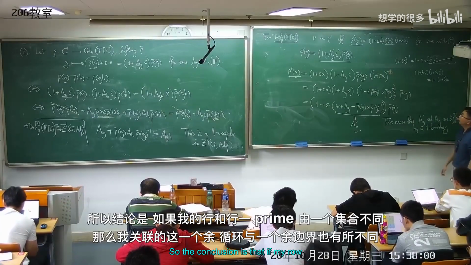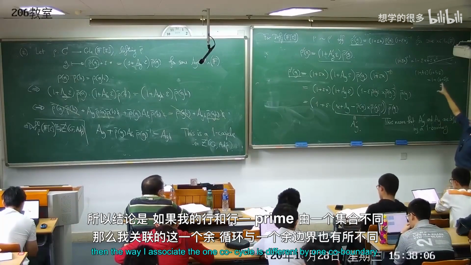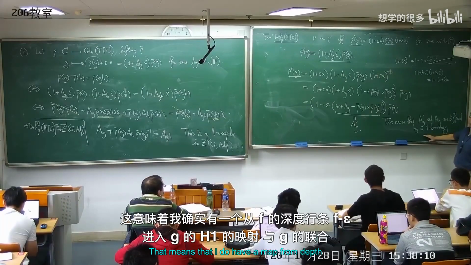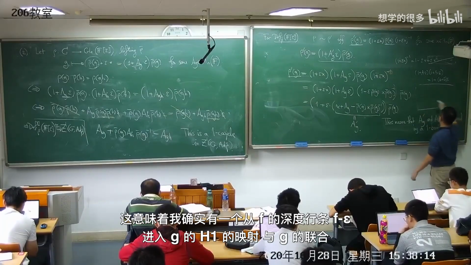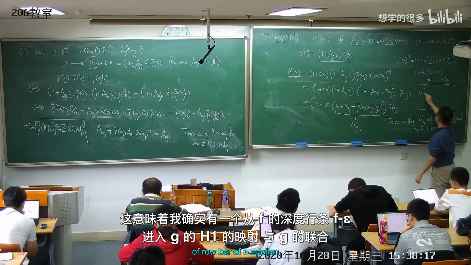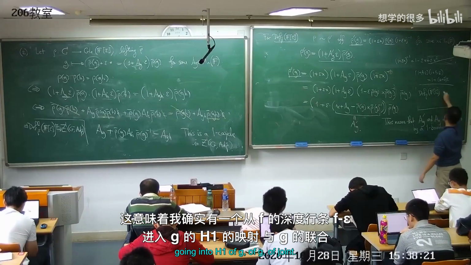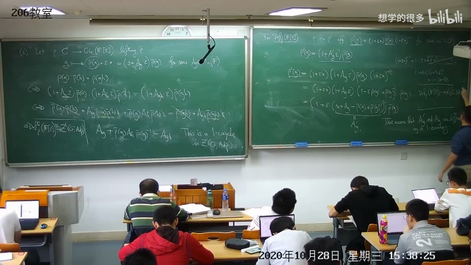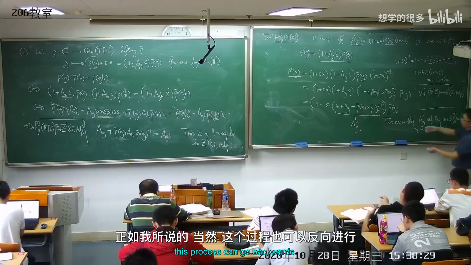So the conclusion is that if my rho and rho prime differ by a conjugation, then the one-cocycles I associate to them differ by a one-coboundary. That means that I do have a map from deformations of rho bar over F epsilon going into H1 of G with coefficients in the adjoint. And of course this process can go backwards.